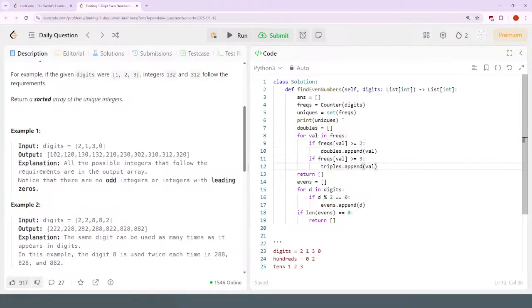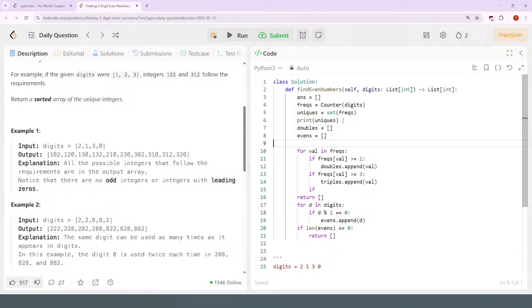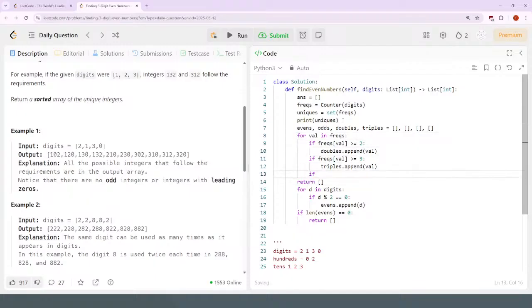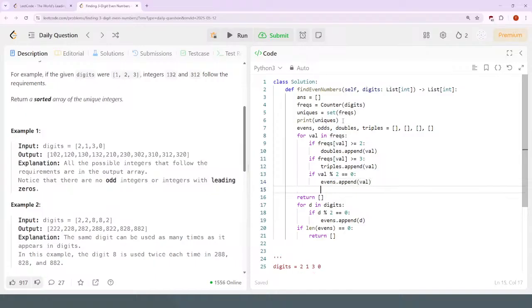And I guess if the value is odd, or sure, I'll go evens and odds as well. And odds, doubles, triples, they're all empty arrays. Okay, if the value is even, evens dot append the value, else odds.